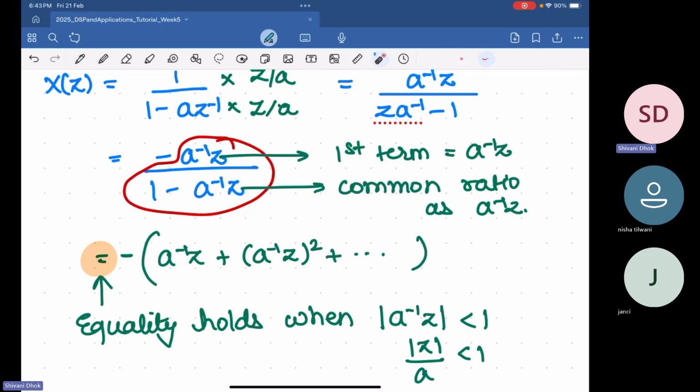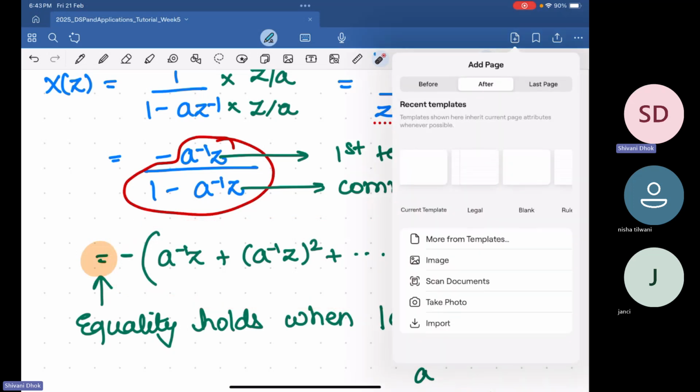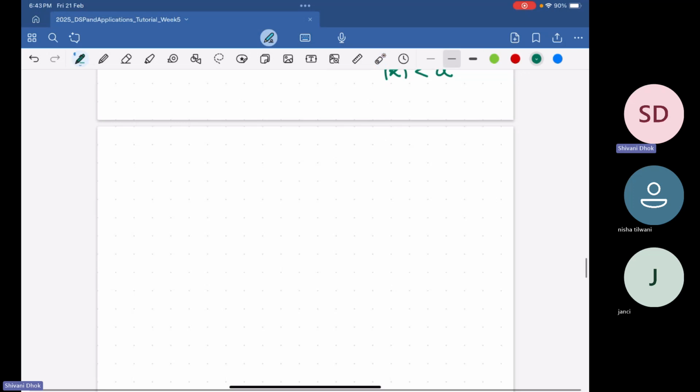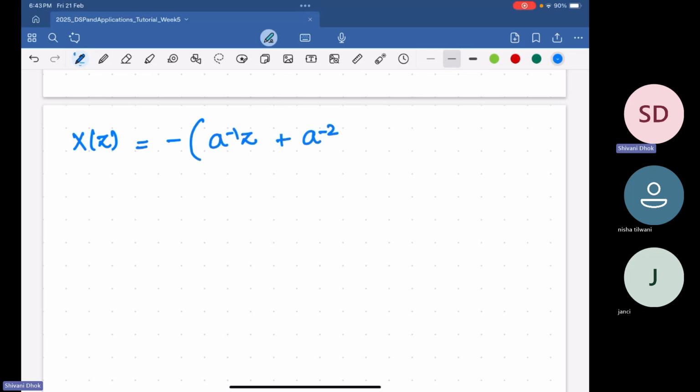So in order to get that, we'll focus on this series form. Okay, so what we have got? We have got X of Z as minus of A inverse Z plus A to the power minus 2 Z square plus A to the power minus 3 Z cube and so on.